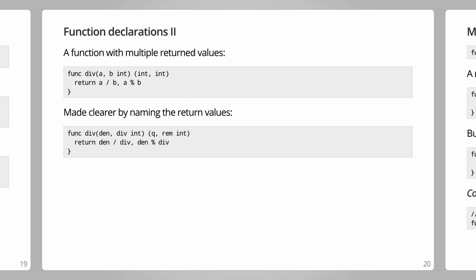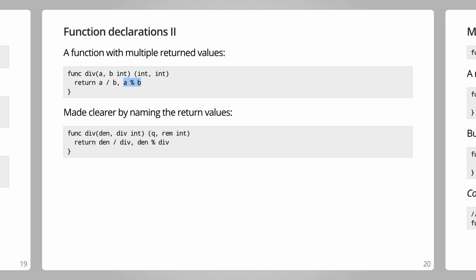We can also have multiple return values. For instance, in this division function here, we can return both the division value, how much is a divided by b, and we can also return the remainder of dividing a and b. This percent sign is the modulus, or the remainder of this division operation.